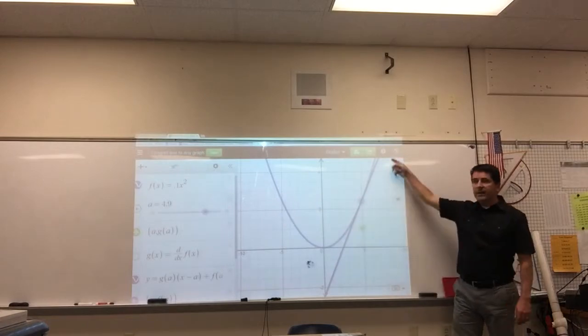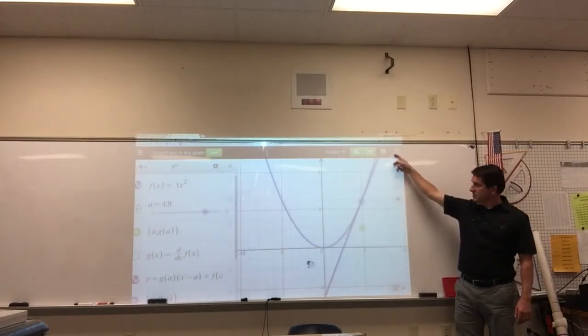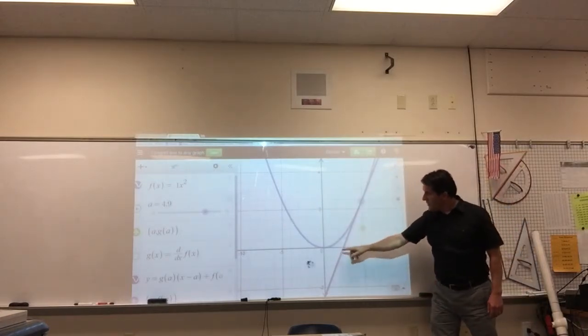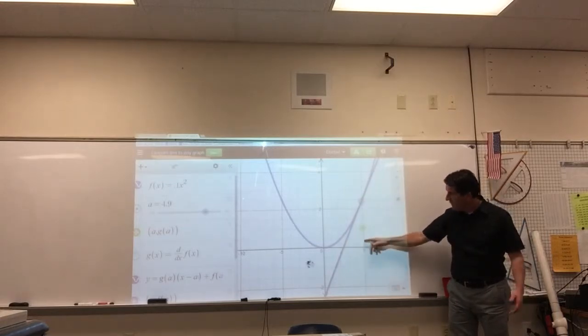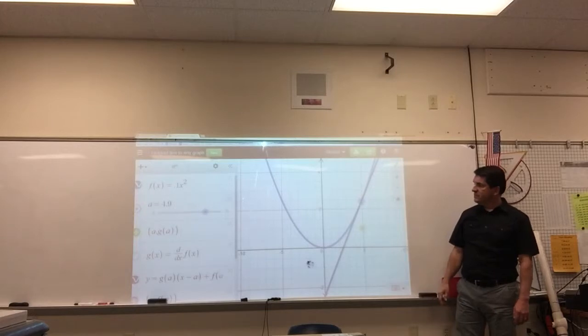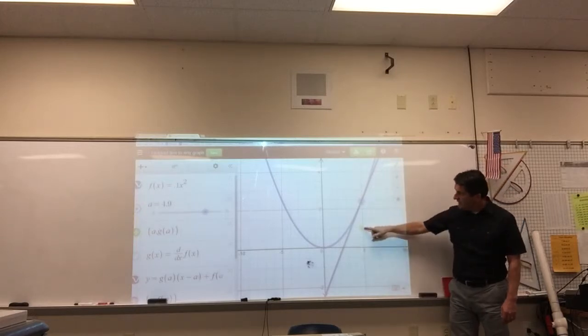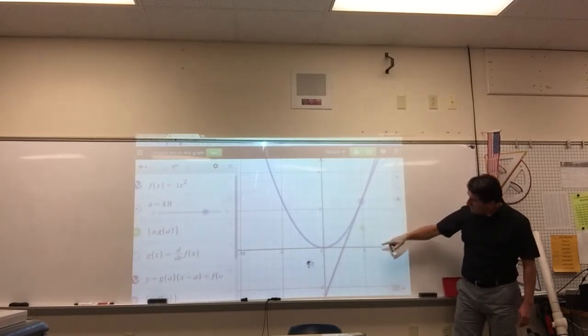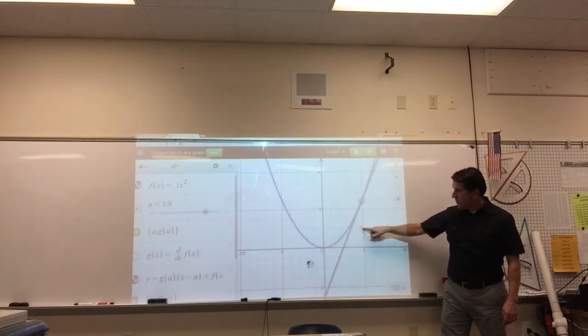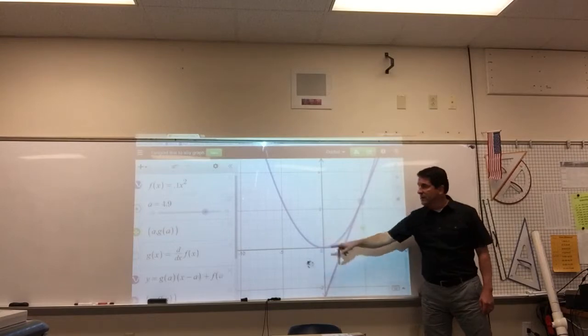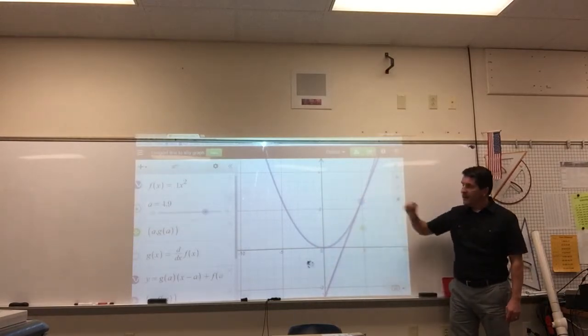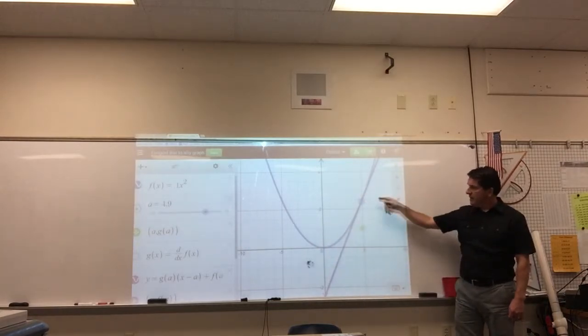The blue is our f of x. The purple is the line tangent at x equals 5, or it looks close to 5. This dot right here represents about 1. See that? It's about 1. That means the slope of this line, the line tangent, is 1.